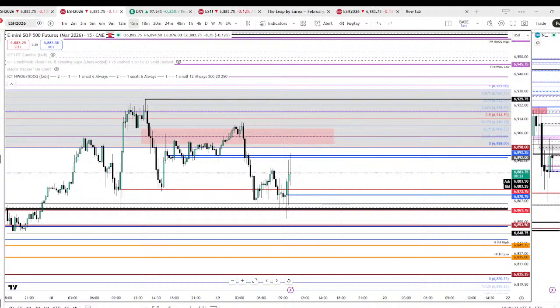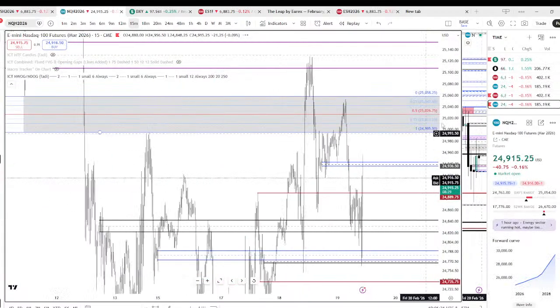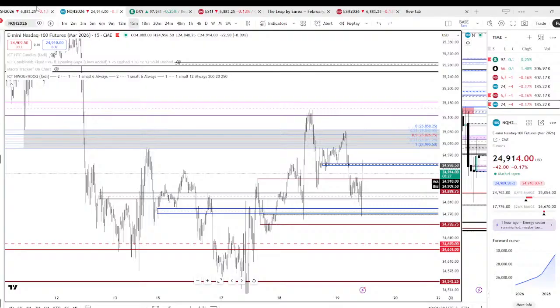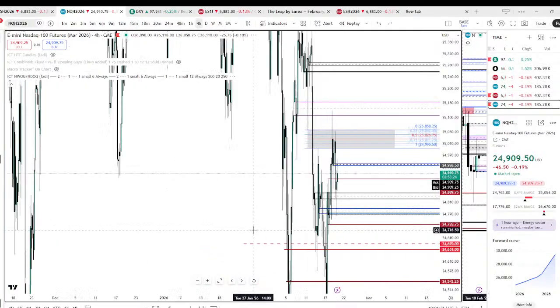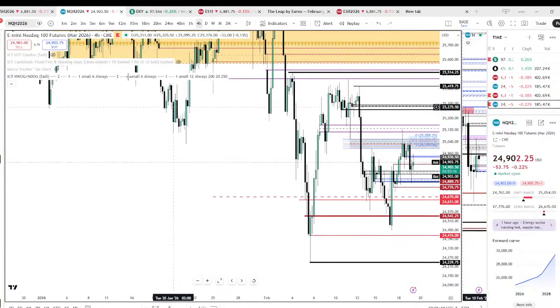Let's take a look at NQ. That we ran up and hit that new week opening gap. Closed below 50%.